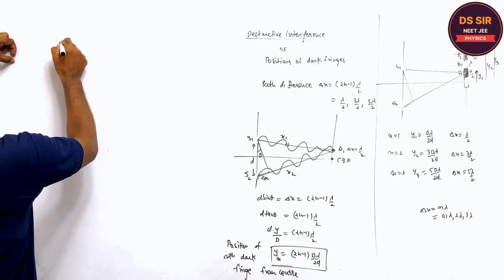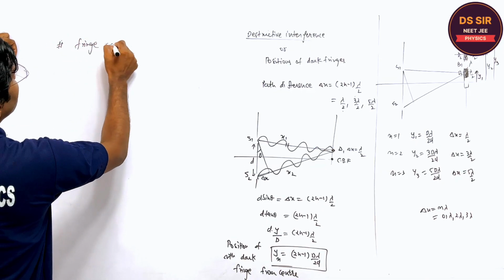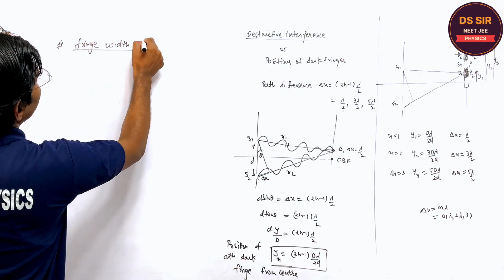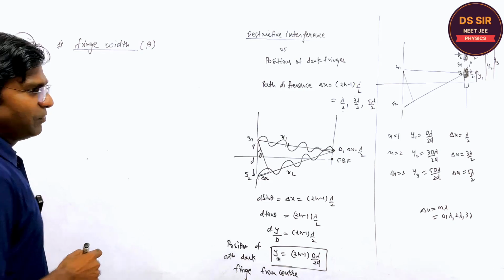So now we consider the fringe width. This fringe width is represented by beta. What is the fringe width?